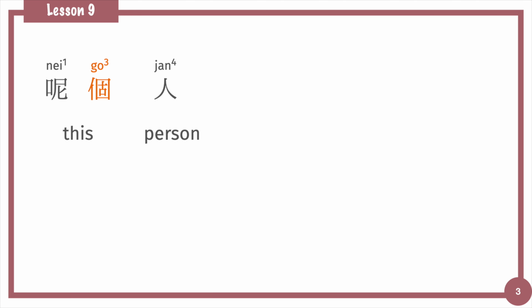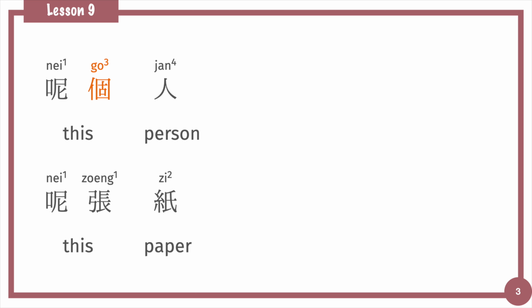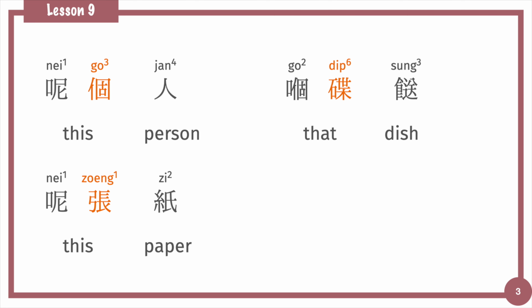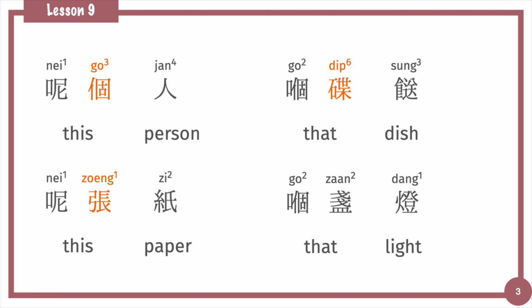People's measure word is 個. So when pointing at people, we can use 呢個人, these people. If we are talking about 紙 paper, we should change the measure word to 張. 呢張紙 this paper. Then dish 餸 can be 嗰碟餸 that dish. And 燈 can be 嗰盞燈 that light.